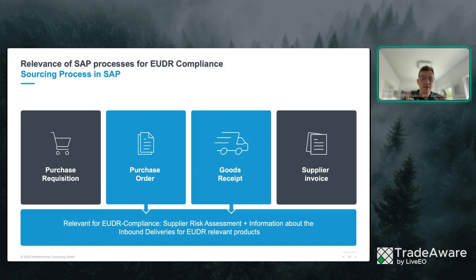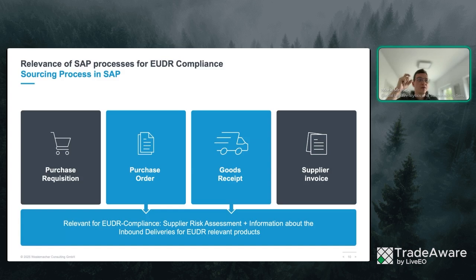And when you look at the relevant data that is needed for this, if you look into a standard SAP process, then we have the purchase to pay process here, and where was the purchase requisition, you are not impacted yet. But then as soon as you go into the purchase order, and the goods received, then you actually start entering the EUDR space.